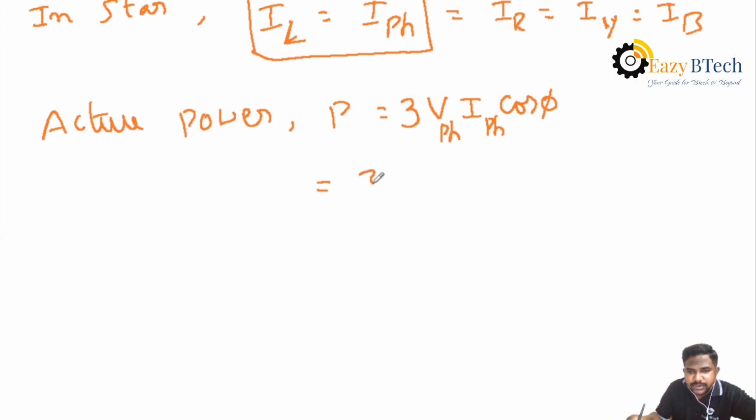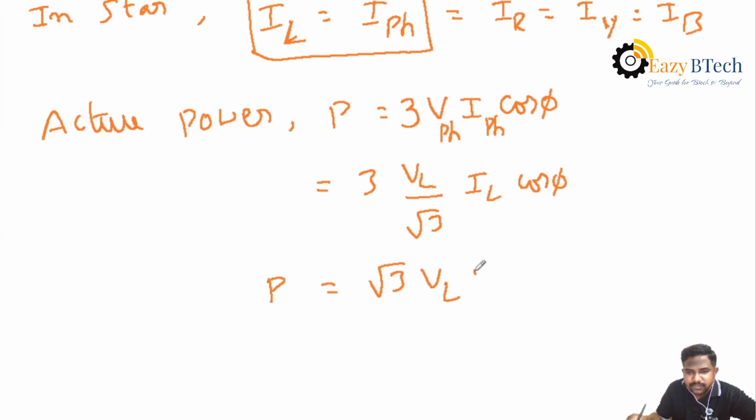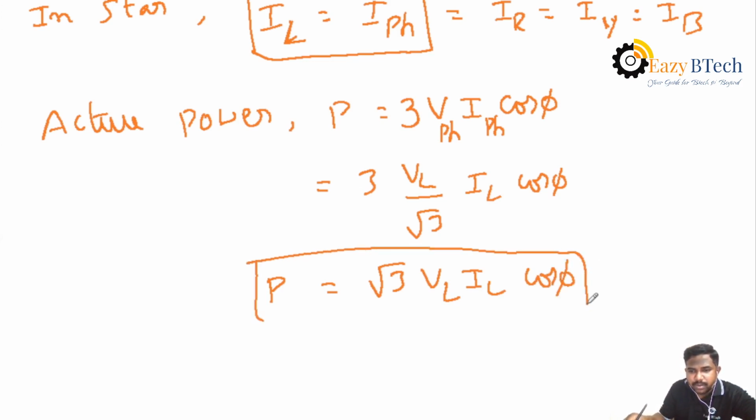From the above relations, we know VPH equal to VL by root 3, and IPH equal to IL. Then the root 3 term will be cancelled. The active power in a three phase system is root 3 VL IL cos phi. So this is the active power formula in terms of line values. In terms of phase values, it is 3 VPH IPH cos phi.